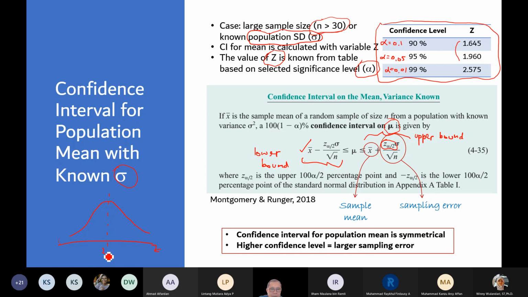This is Z equals 0, and there Z goes to plus infinity, and there Z goes to minus infinity. And this is the PDF, the probability density function of Z. So where does alpha come into play here?